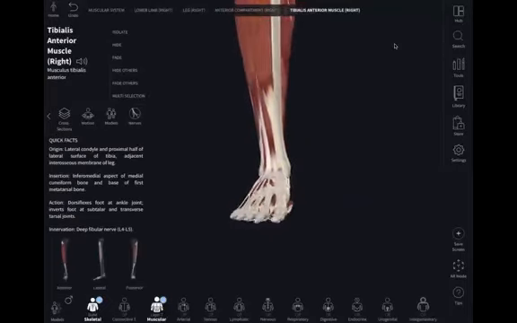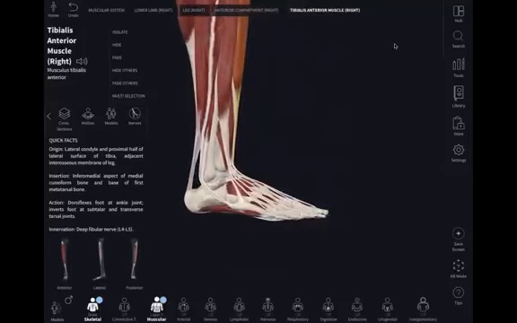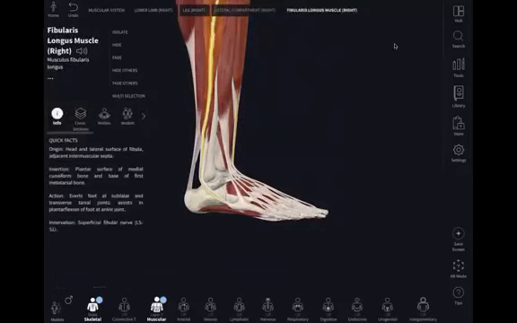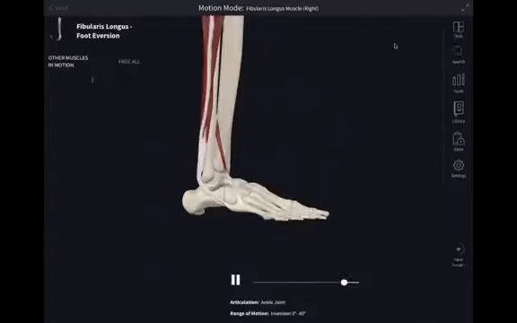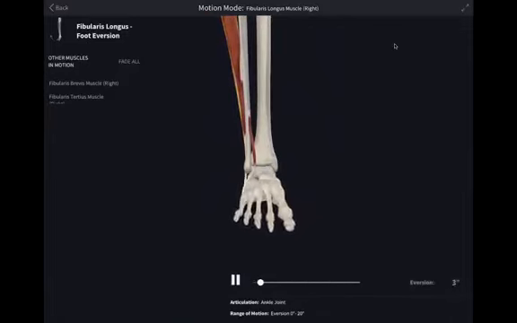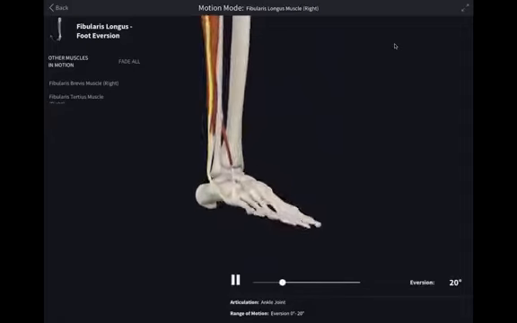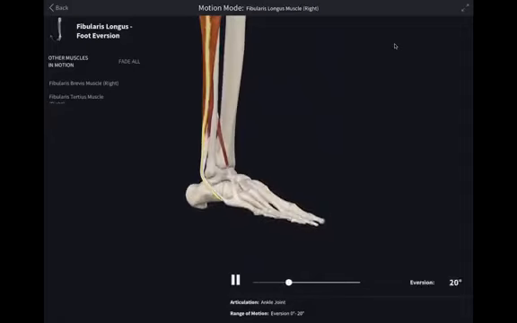Next, if we talk about the everters, what are those? The peroneus longus, fantastic. So this is the foot eversion. Clear? Yes.